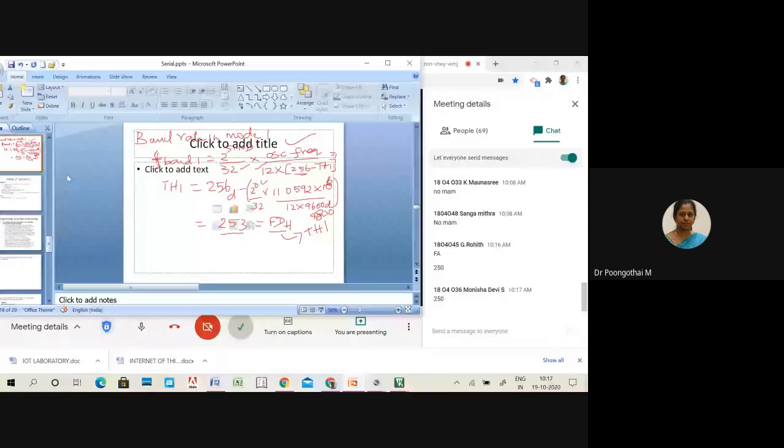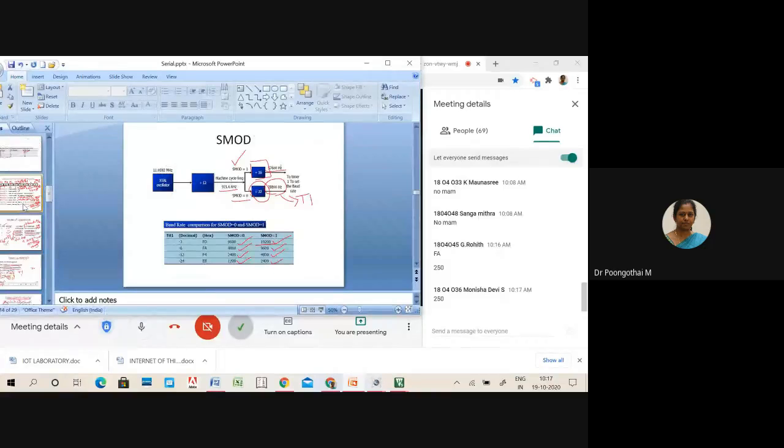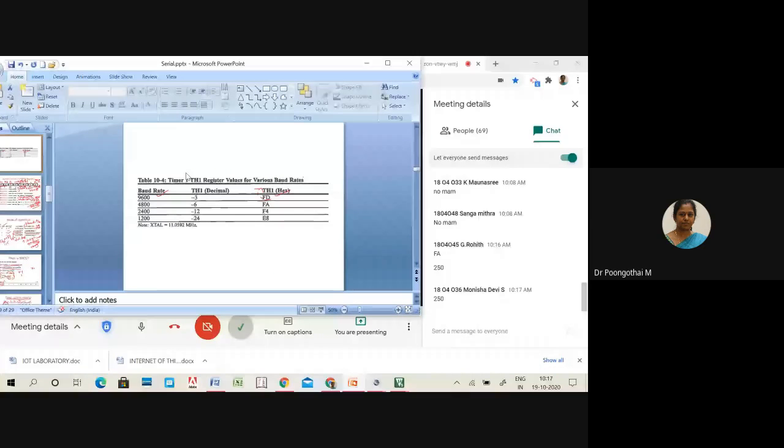So this table is calculated by using this formula, that is, 2 power SMOD divided by 32 into oscillator frequency by 12, in bracket 256 minus TH1. So based on the formula, the initial value of the timer can be calculated.